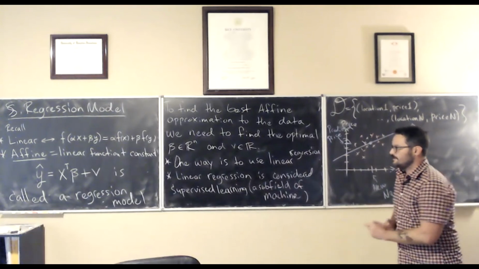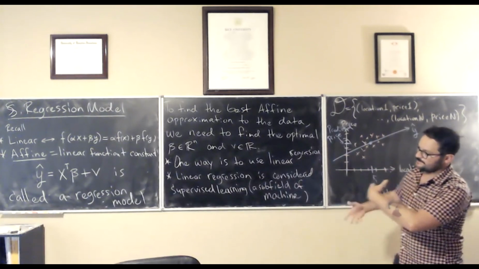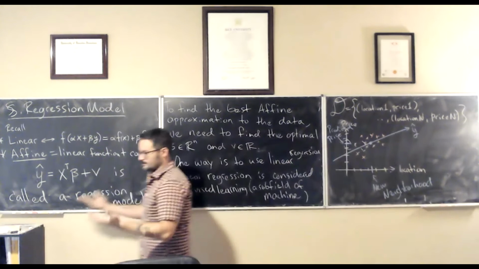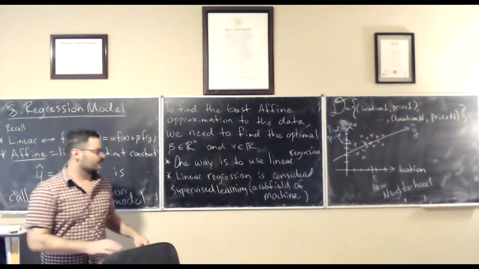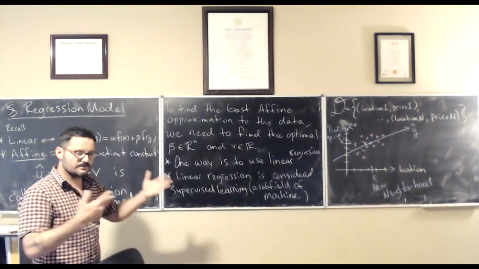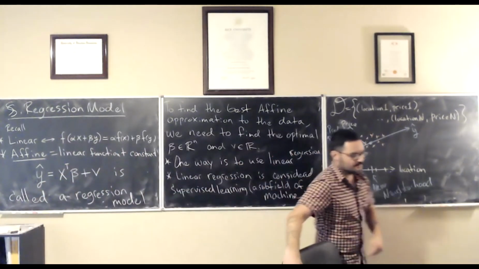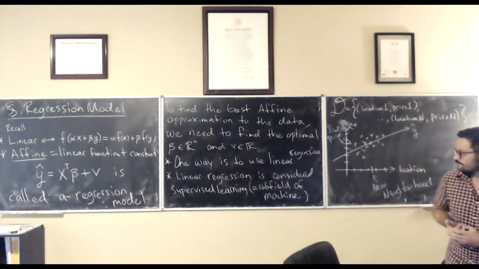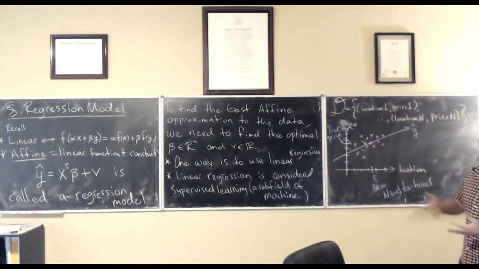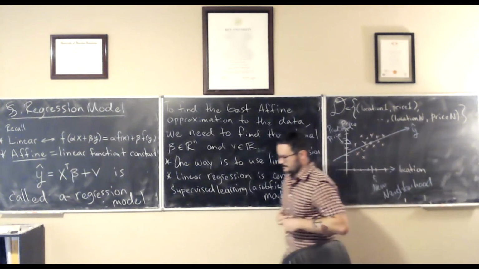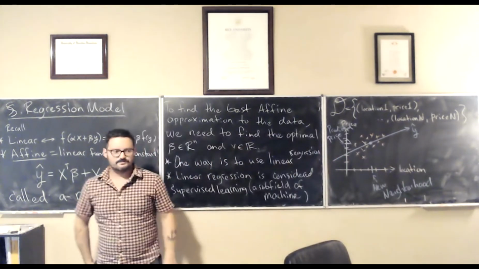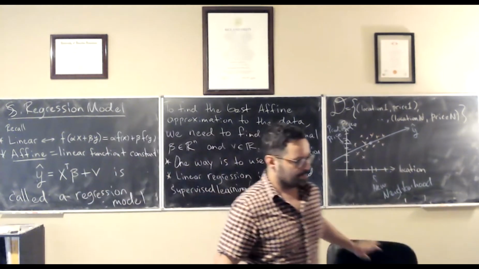Solving the regression model with linear regression is one instance of that. And I'm going to show you how to do this using sklearn in Python. It's simple to import packages to solve this model.